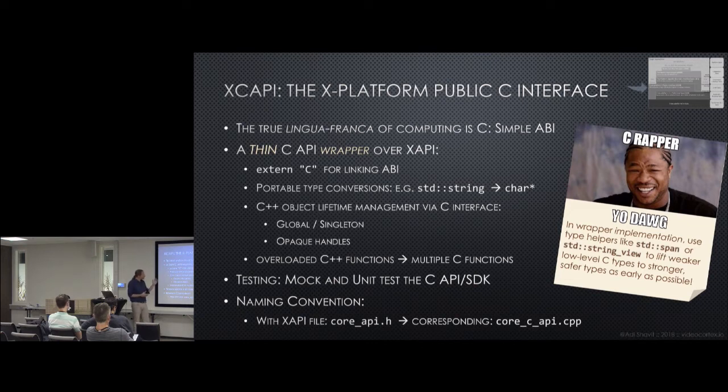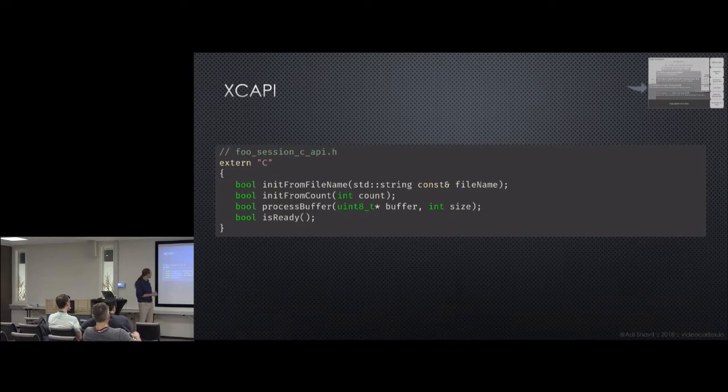And the nice thing is that in C and C++ we separate headers and implementation, so the header files, the API itself, can be very C-like and very low level, but in the implementation we might immediately lift up the types using things like std span, or GSL span coming up in C++20, or string views as views to arrays. So immediately we're lifting, and let's see some examples just to make it a little bit more concrete.